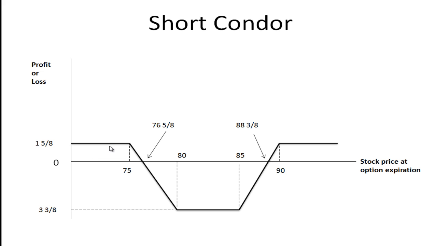So here we have the case where this part looks like a bear spread, and this part here looks like a bull spread. And this bear spread was created by using call options.